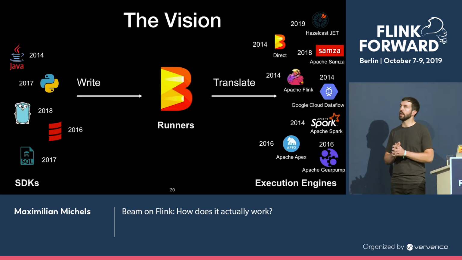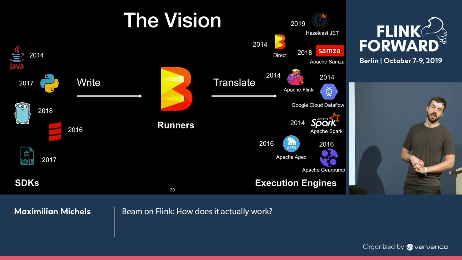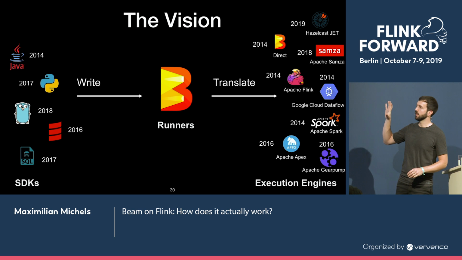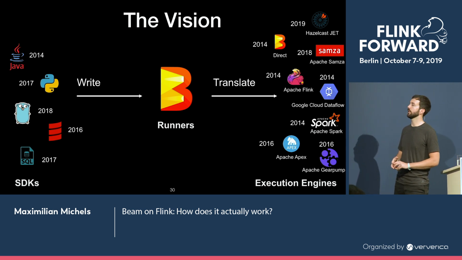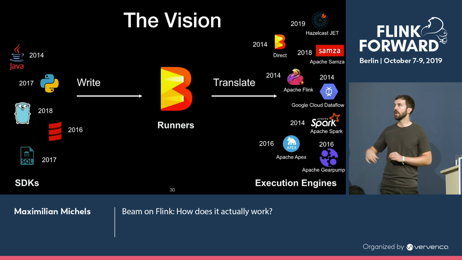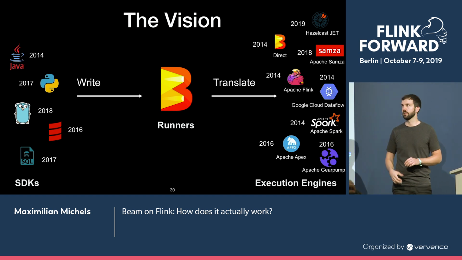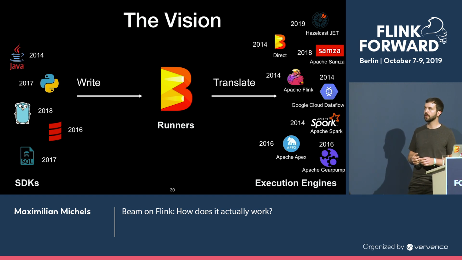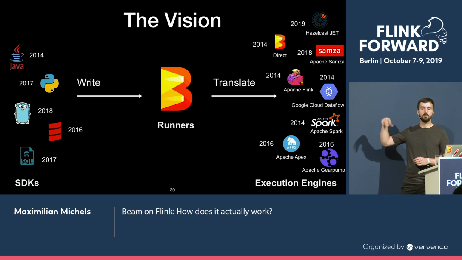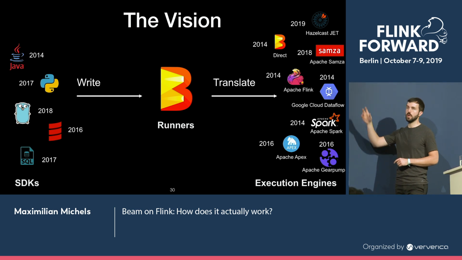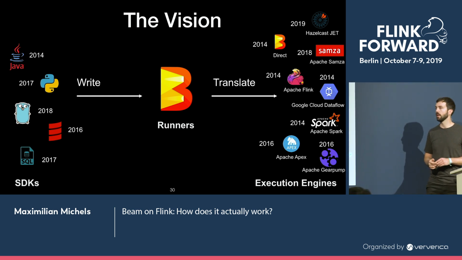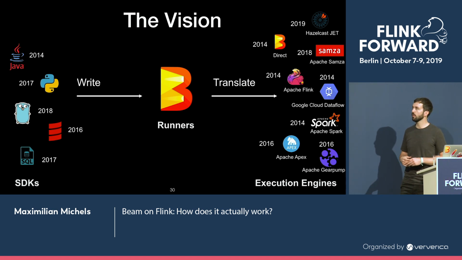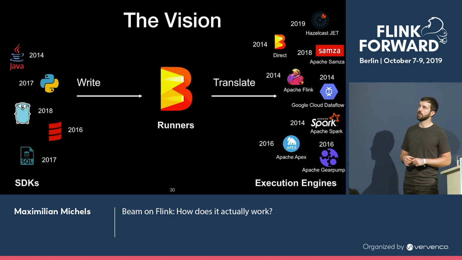If we look again at the vision that I showed in the beginning, I assigned some years here because I think it's interesting. Beam really started out as a Java-only project. In 2014, the Cloud Dataflow SDK was released, and very soon, even before it became an Apache project, we had the Flink and Spark runners emerge, which were working quite well with the Java SDK.